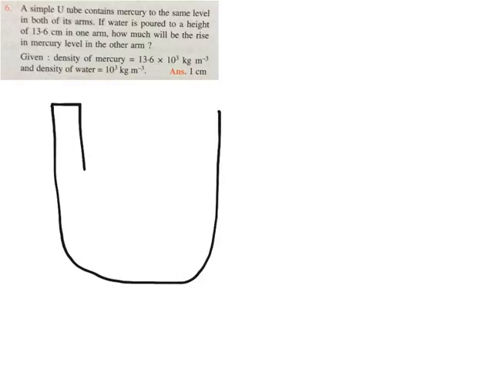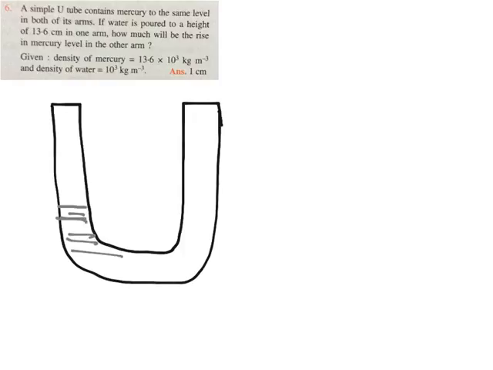We're talking of a U tube. So let's try to draw a U tube out here. A simple U tube is a kind of tube which is of the shape U. And out here we take mercury as gray in color, and so we draw mercury like this.